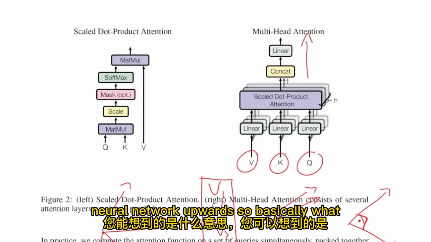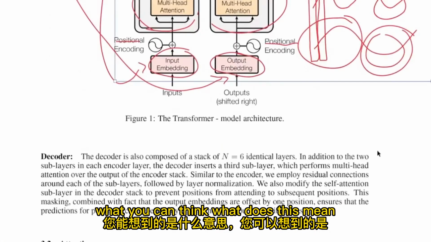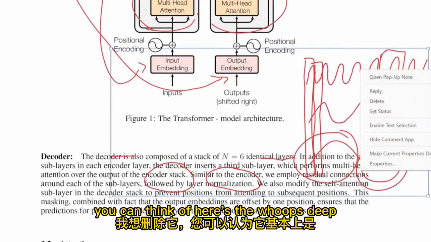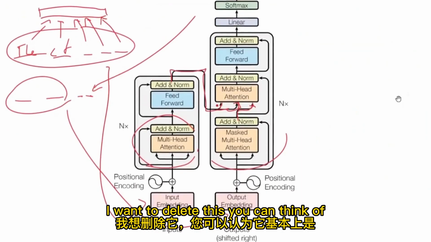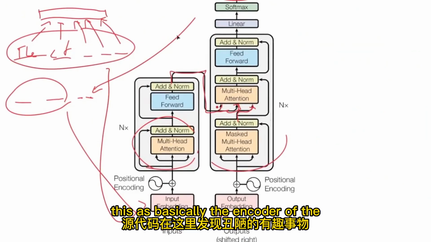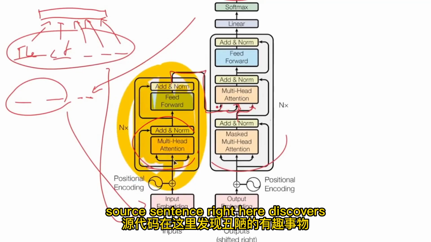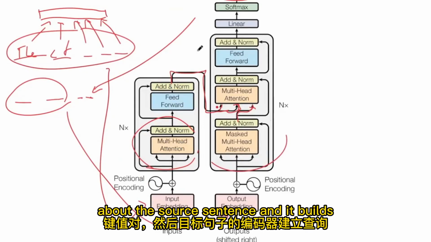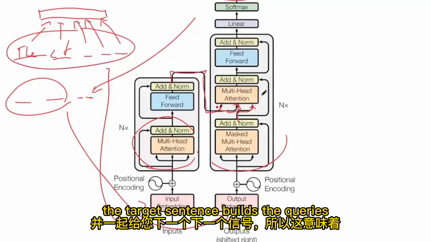So what does this mean? You can think of this as basically the encoder of the source sentence, right here. It discovers interesting things about the source sentence, and it builds key value pairs. And then the encoder of the target sentence builds the queries.